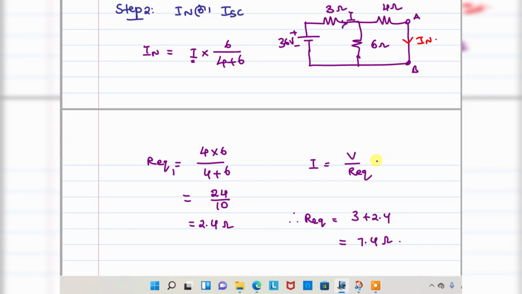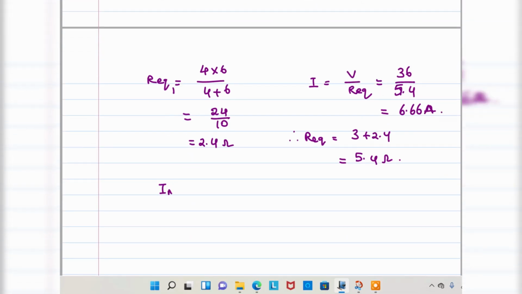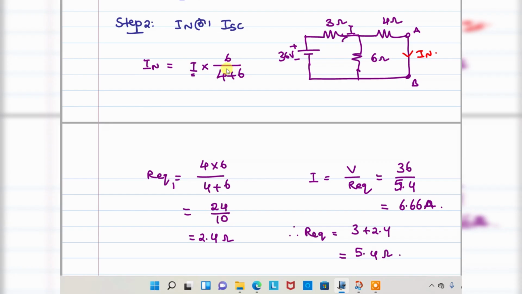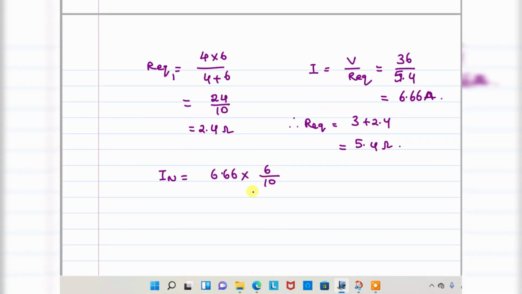Once I have that, V is 36 divided by 5.4. Here a small correction: it is not 7.4, it is 5.4. 36 by 5.4 is equal to 6.66 amperes. So finally, IN is equal to 6.66 into 6 divided by 10, that is equal to 4 amperes. So I got 4 amperes as the Norton's current or short circuit current.